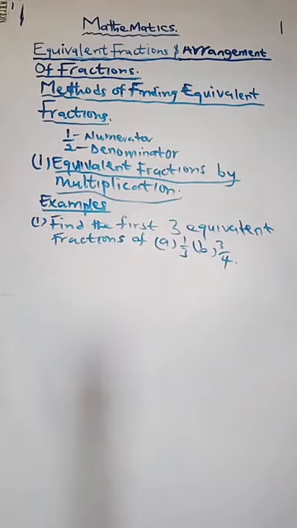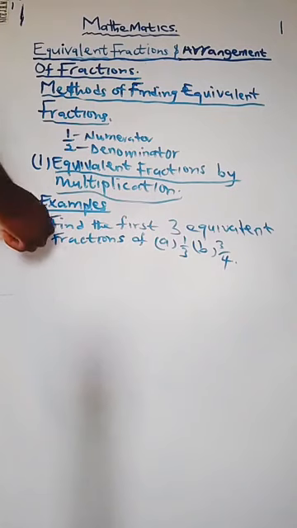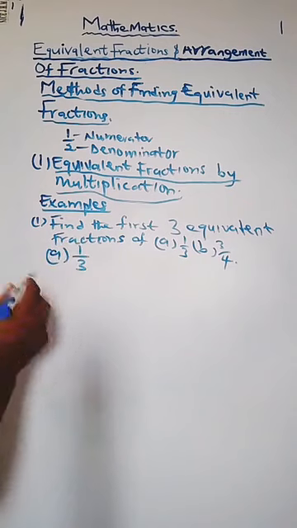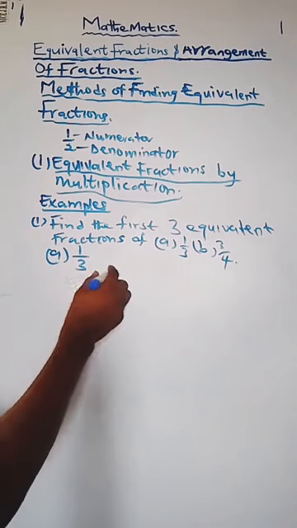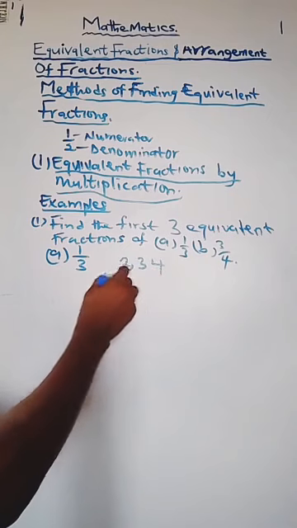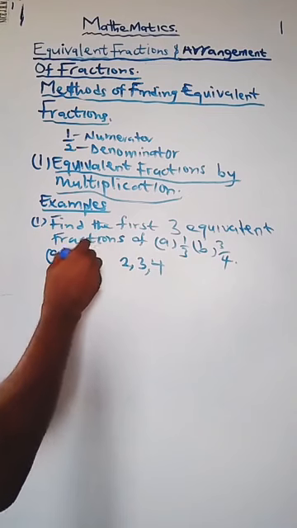So under the multiplication method, whatever you use to multiply the numerator, you use it to multiply the denominator. So the question is asking us to find the first 3 equivalent fractions of A, 1 over 3. Let's take A. So we are starting with a fraction with numerator of 1. That is the beginning. So for this, we are going to multiply by 2, 3, and 4. So 2, 3, 4 will give us the first 3 equivalent fractions of 1 over 3.